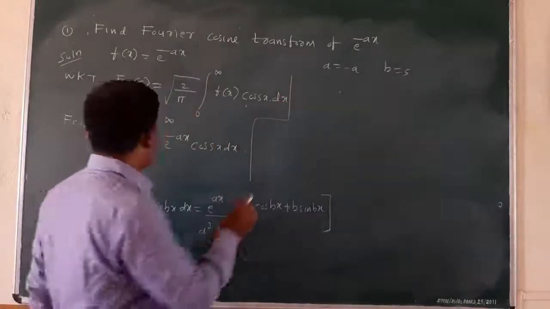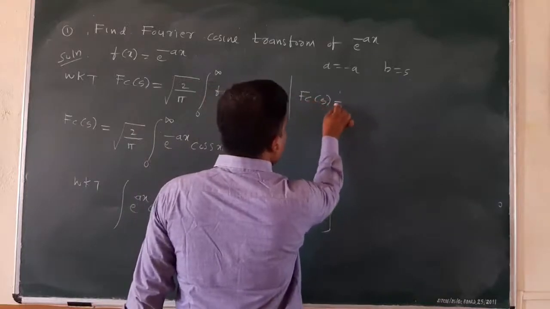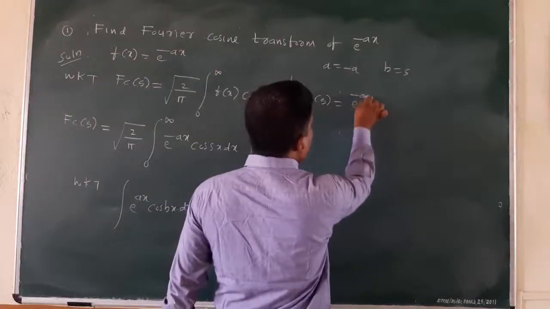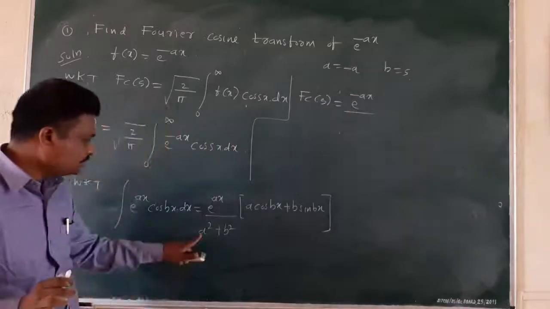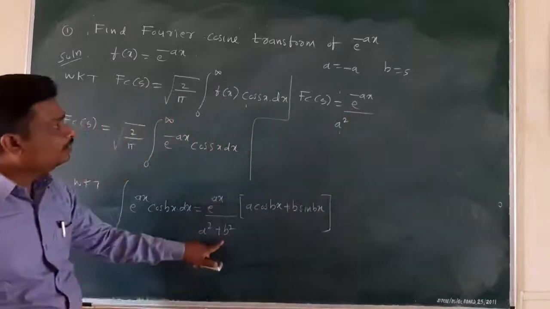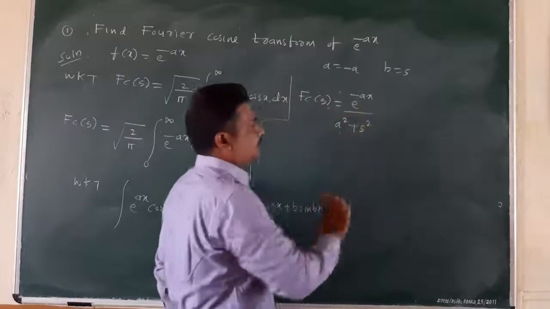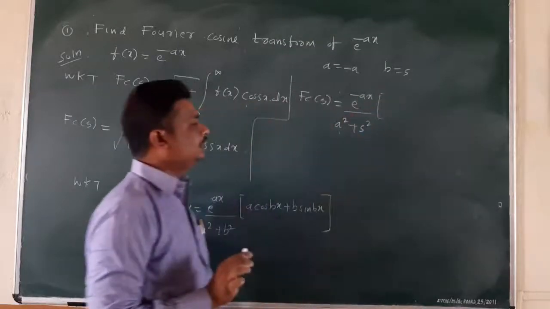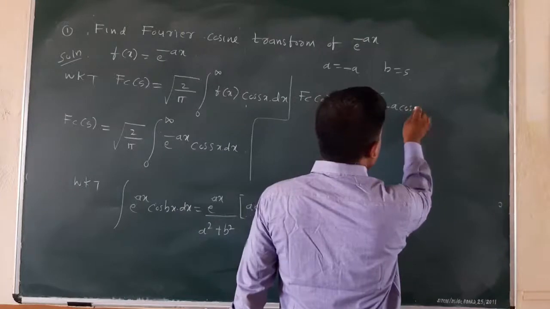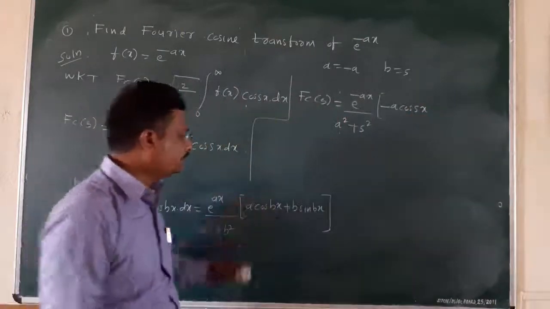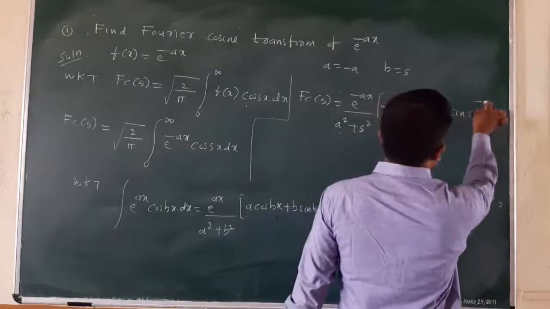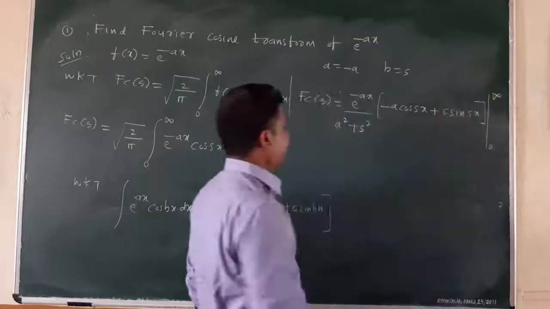Therefore Fc of s is equal to e raised to ax, so it becomes e to the power of minus ax upon a square, minus a whole square is nothing but again a square plus b square, b is s here, so it becomes s square, into a cos bx, that is minus a cos sx, plus b sin bx, s into sin sx, between the limits 0 to infinity.